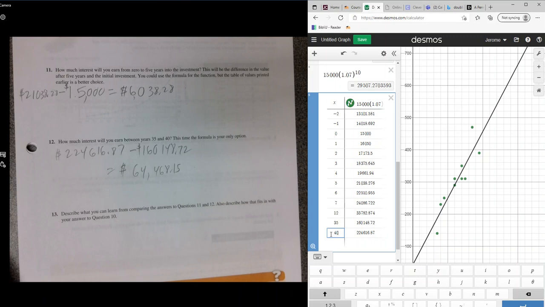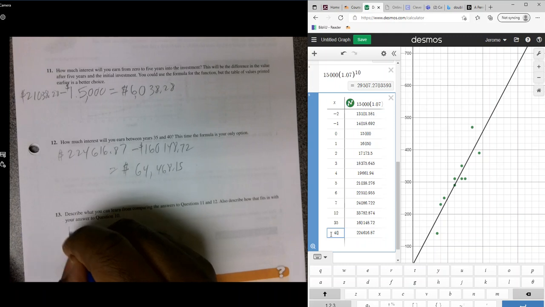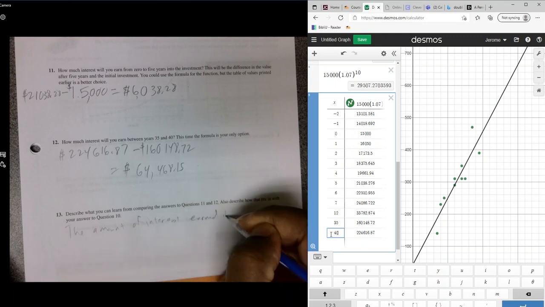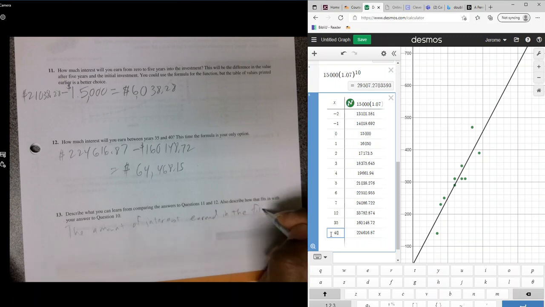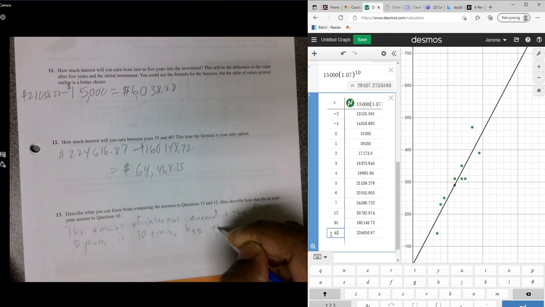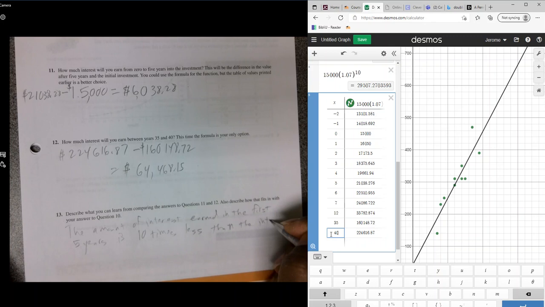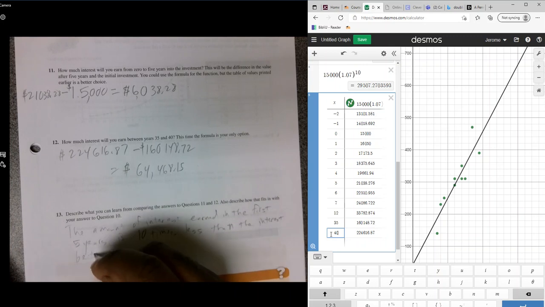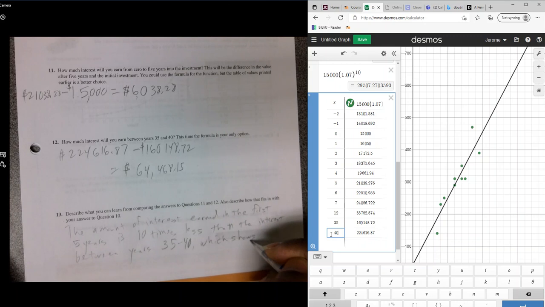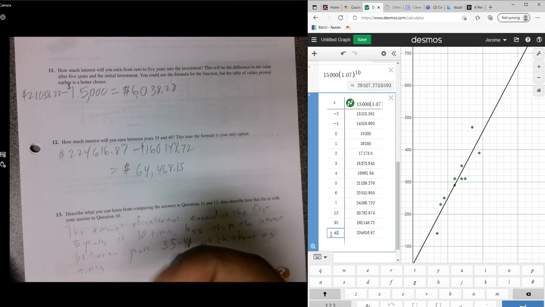So basically, the amount of interest earned in the first 5 years is 10 times less than the interest between years 35 through 40, which shows as time goes on, the interest increases at a faster rate.